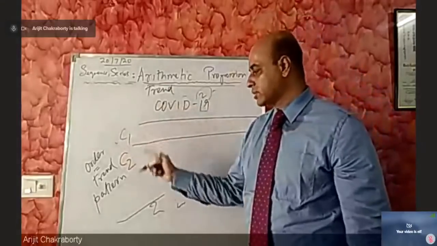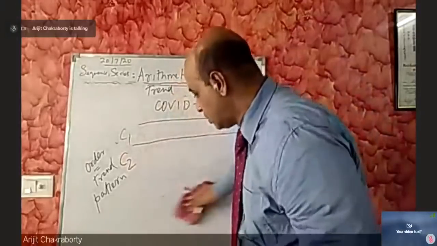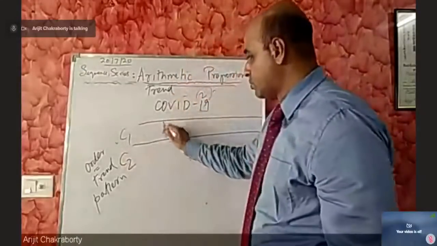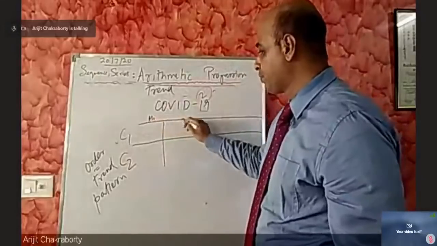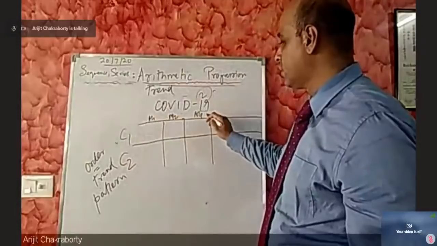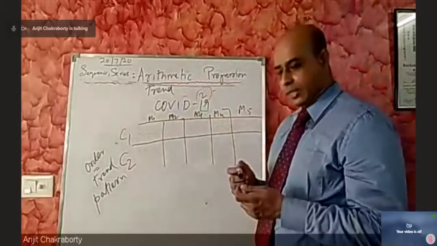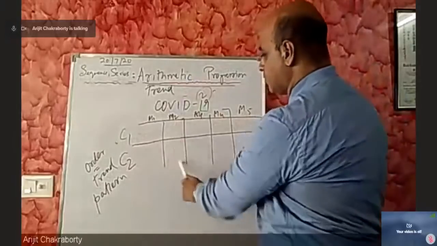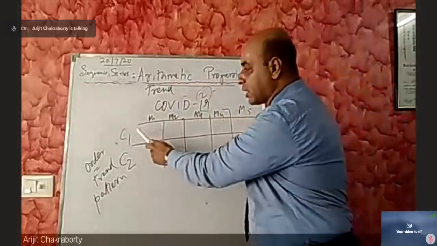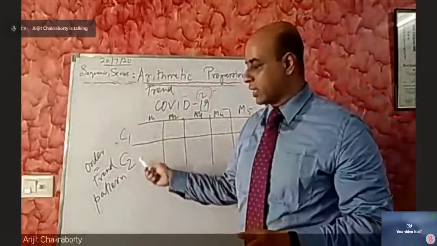Two countries, C1 and C2. And this is month 1, M1, month 2, month 3, month 4 and the fifth month. The first month, second month, third, fourth and fifth.